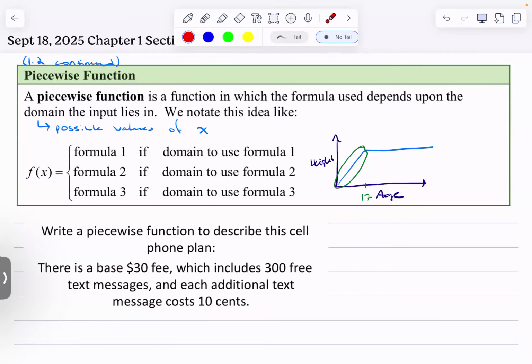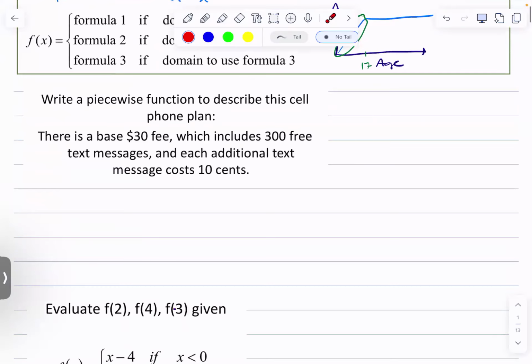Another piecewise function is the cell phone plan. We don't really have to deal with this anymore, and if you are, you can probably find a better plan, but it was very common before. A cell phone plan might look like this: there's a base $30 fee. So no matter what you did with your phone, you had to pay $30 a month.